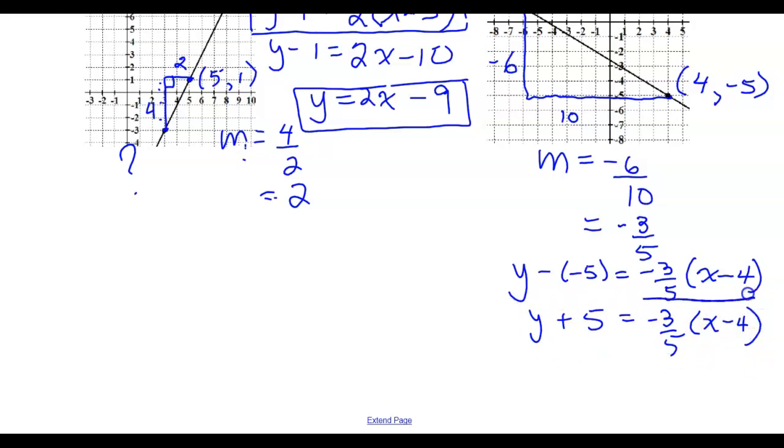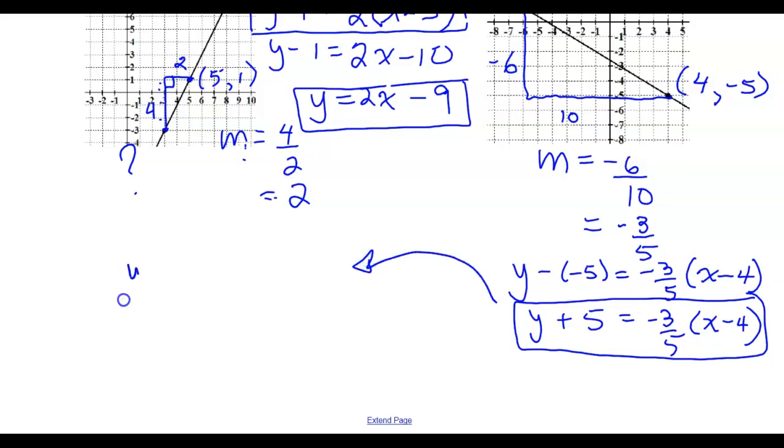Now, expand the brackets. So you'll have fractions, and then solve for y. I'm just going to do it over here. So y plus 5 equals negative 3/5 x plus, right, because I have to multiply this slope by both terms in that bracket.